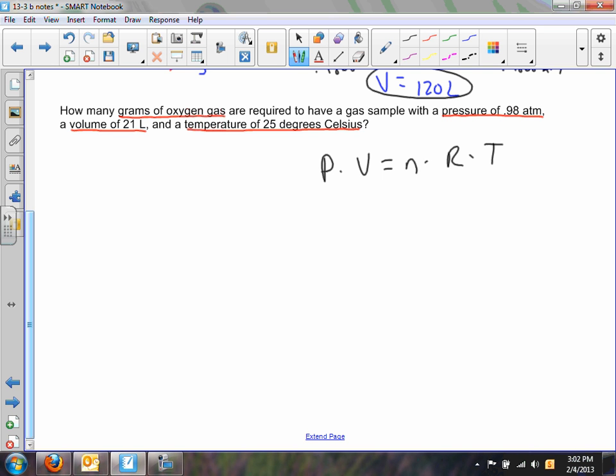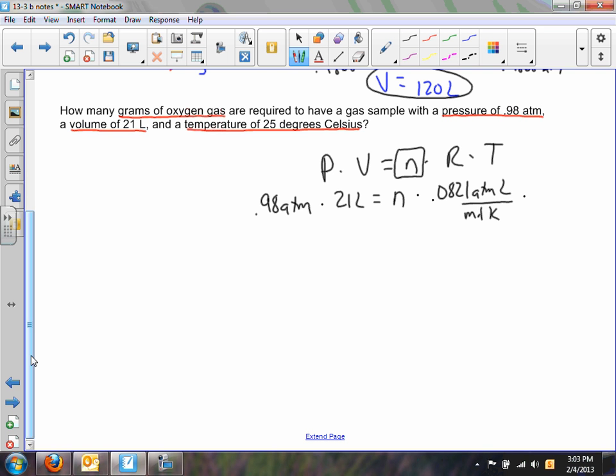Nowhere in this equation is there a place to find grams. However, we know that moles are related to grams via the molar mass. So if we plug in what we're given here, my pressure is 0.98 atmospheres. The volume is 21 liters. I don't know what the moles are. I know R is 0.0821 atmosphere liters per mole Kelvin.